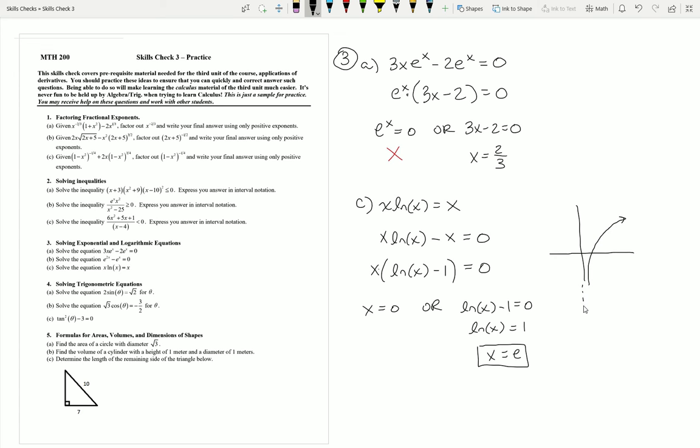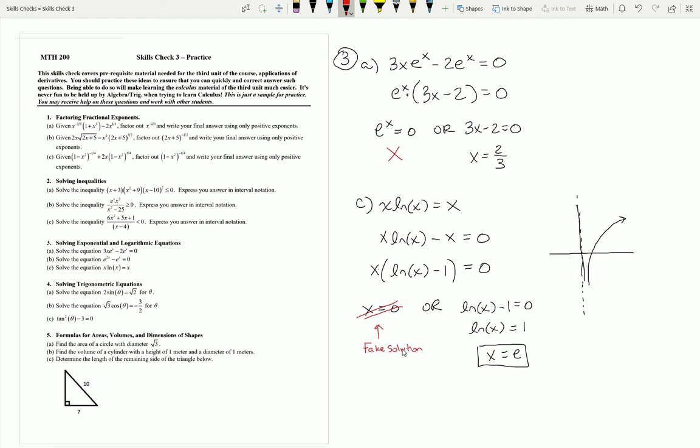I should recall that the y-axis plays the role of a vertical asymptote, meaning I cannot plug 0 into my natural log function and get a result. There is no result there. What this means is that x equals 0 is actually not okay. This is like a fake solution.